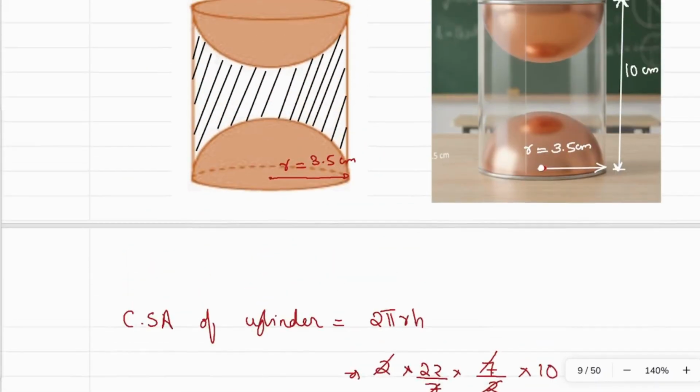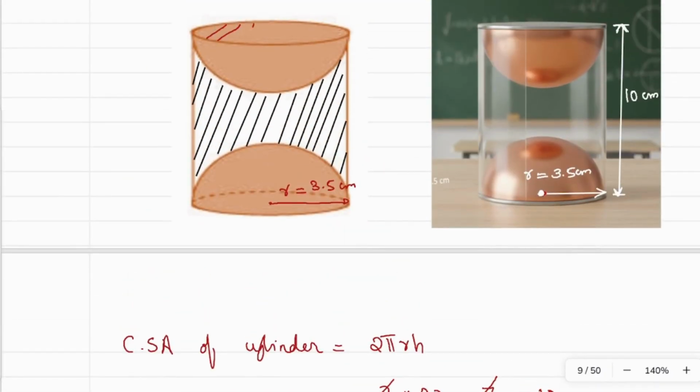Here there is no need to find the circular area, the base area. Why? Because we are making a groove inside, the region that is created inside that figure. So we just have to find the CSA of the hemisphere.